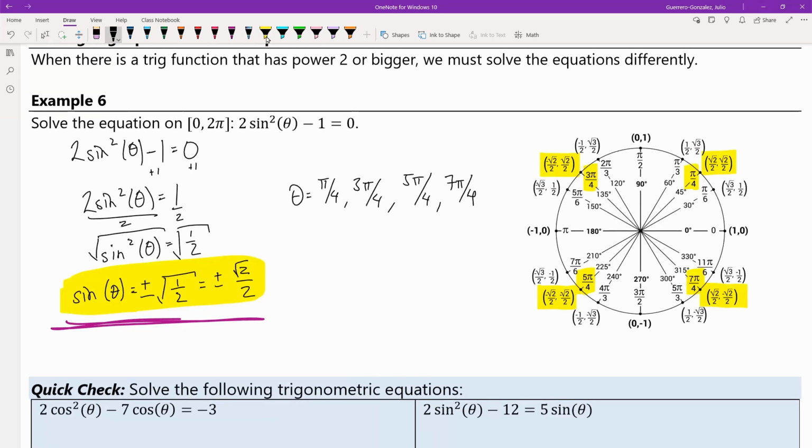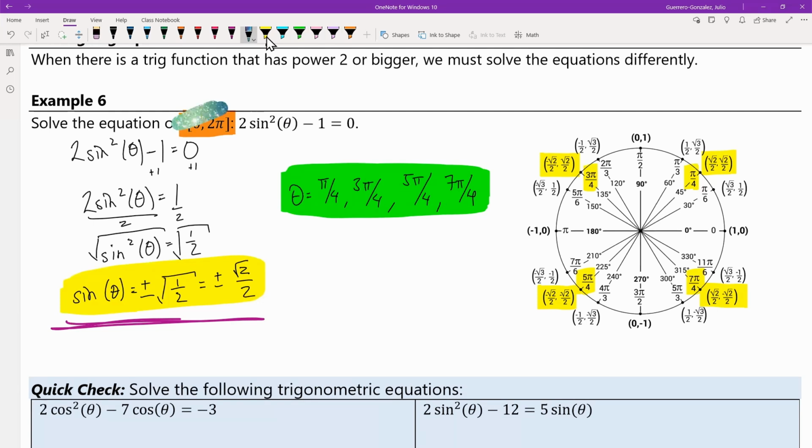Now, this is one of the things that I wanted to point out to everybody. I want everybody to direct your eyes to this. You see where it says from 0 to 2 pi? That means I'm solving my equation on 0 to 2 pi. That means within one rotation of the unit circle, how many answers do I have? In this case, I only have 4. 1, 2, 3, 4. Since the problem itself is directing me to restrict my answers to just one rotation around the unit circle, I only have 4 answers.